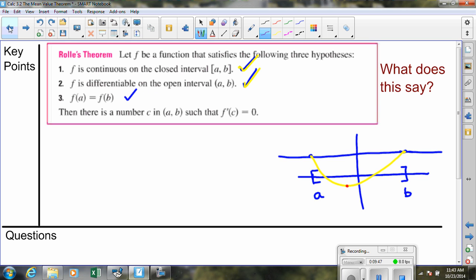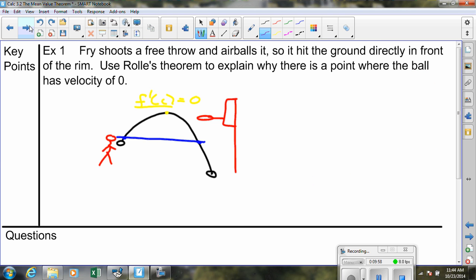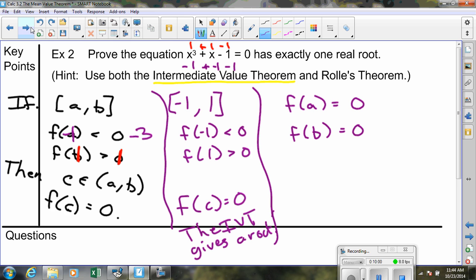If we are making this assumption, we have continuous, we have differentiable, and f of a equals f of b, they both equal 0. Then what this is telling us is there must be somewhere where the derivative is 0. Rolle's theorem would guarantee the derivative must be equal to 0 somewhere.